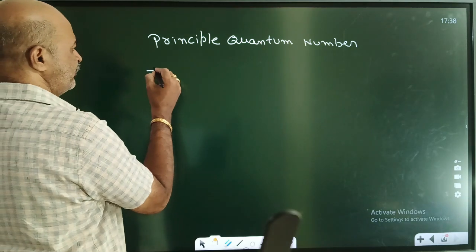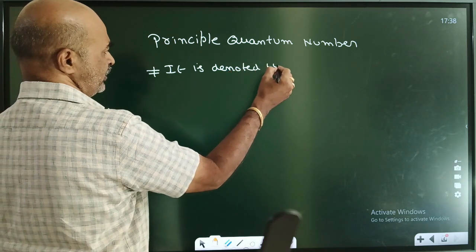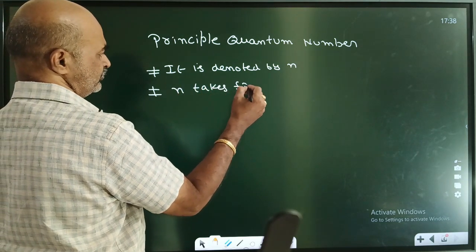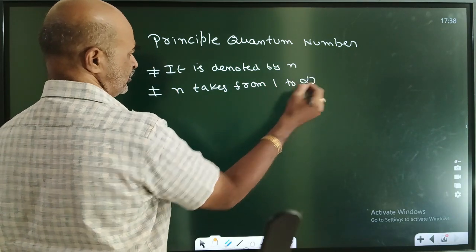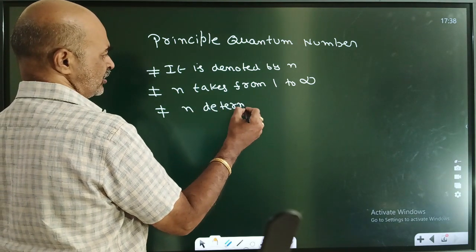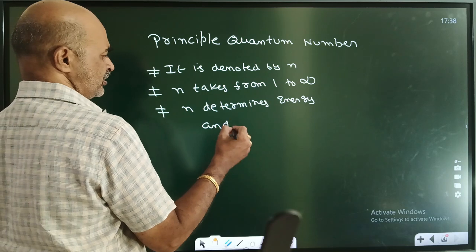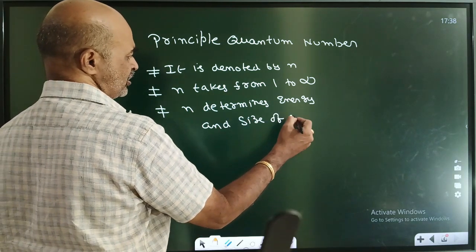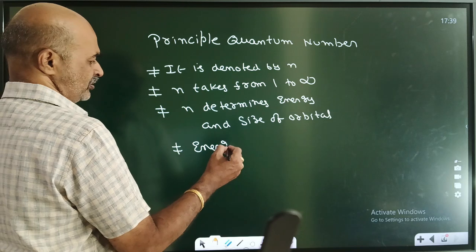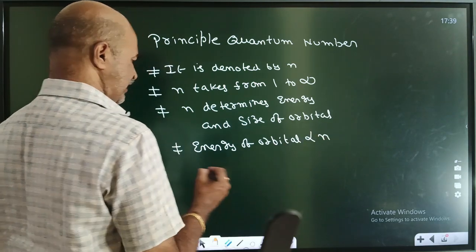It is denoted by n. n takes values from 1 to infinity. n determines the energy and size of the orbital. The energy of an orbital is directly proportional to n.